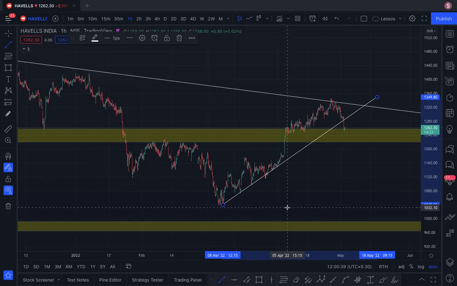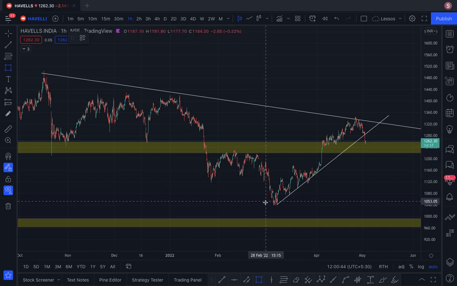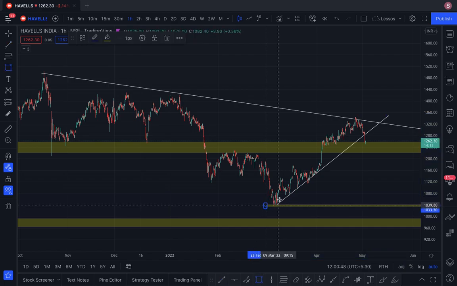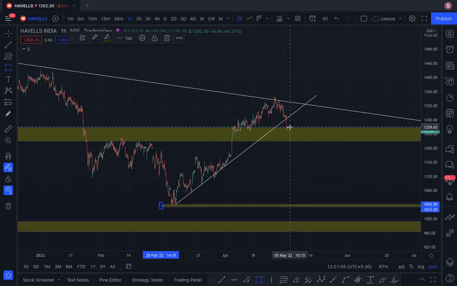This is again an important area because price moved big time from this particular area. But since it has not happened many times, it doesn't make it a very good support zone. So if it falls down, I can make an average over here, and take the ride up to this point. But right now we'll not take the entry.